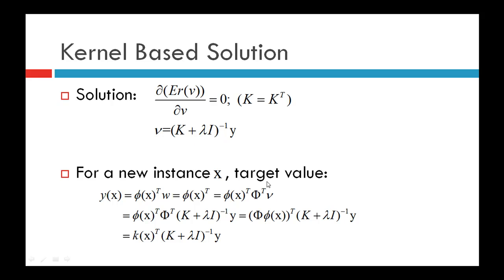So for the expression for nu, we substitute this expression here, which will give us phi of x transpose phi transpose (K plus lambda I) inverse times y.